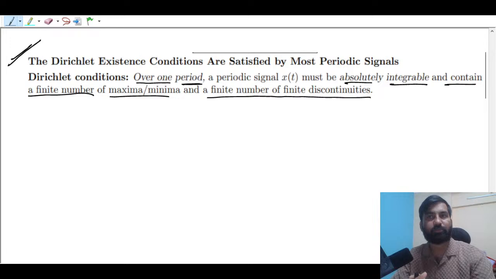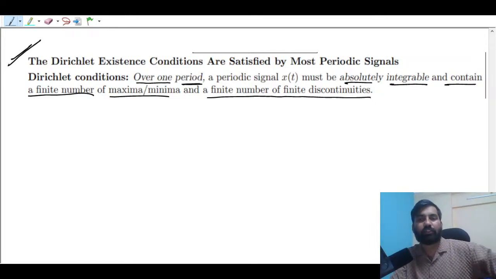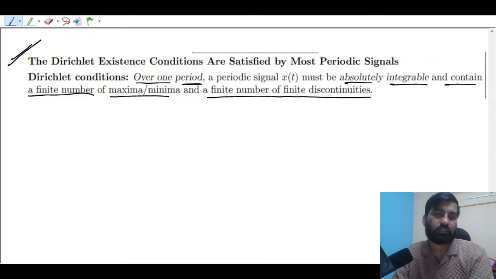So existence is very important. Over the one period, it should be absolutely integrable. Absolutely integrable means the integral of |x(t)| must be less than infinity. And convergence also is very important. Convergence means what? Suppose you have the actual signal x(t) and the reconstruction you are doing, up to certain harmonics. Try to find the difference and then the energy.